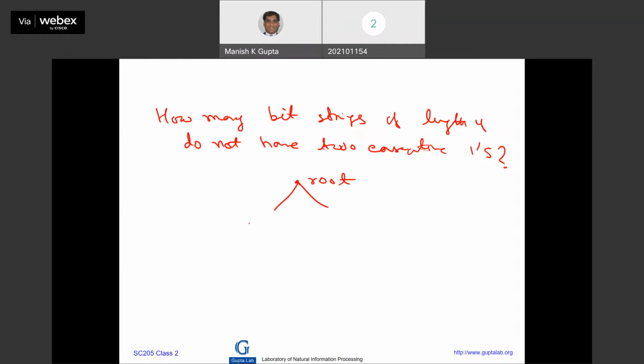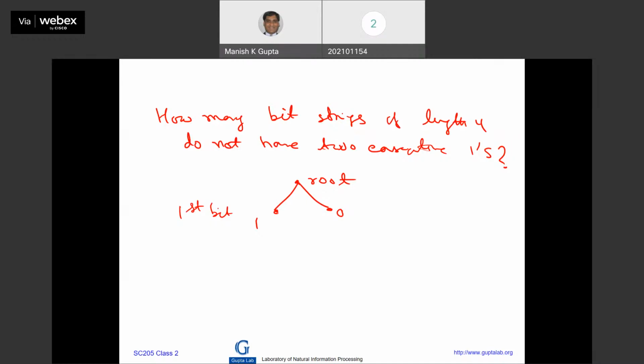I choose the first bit of the string. The first bit could be 1 or 0, two possibilities. Both cases I am keeping in mind.